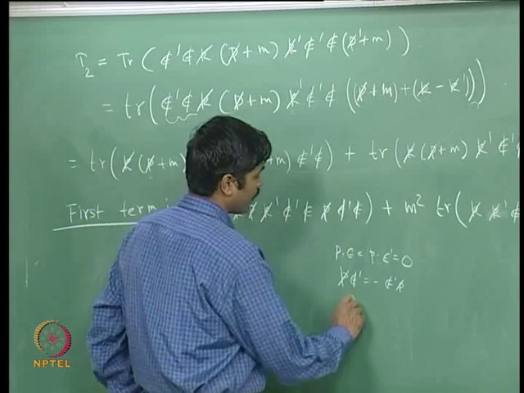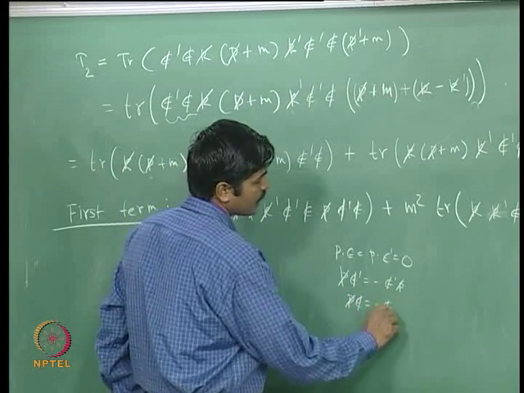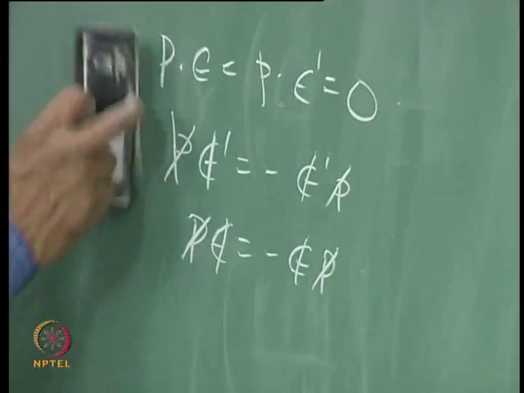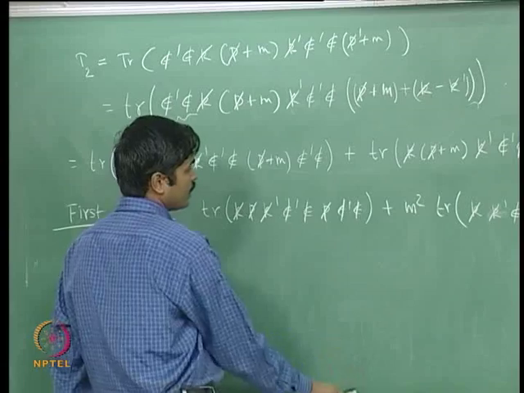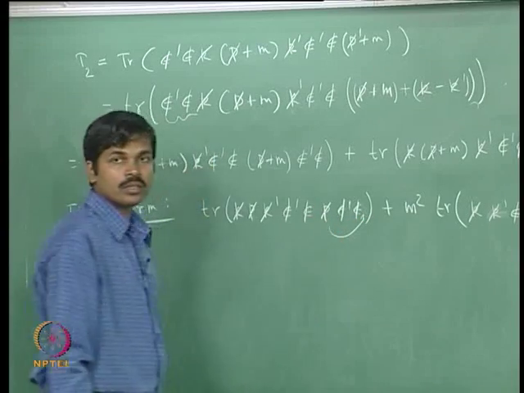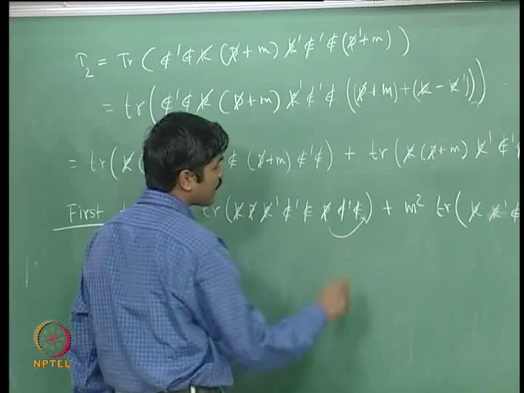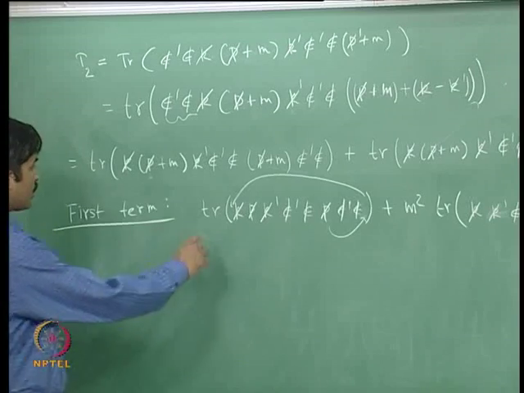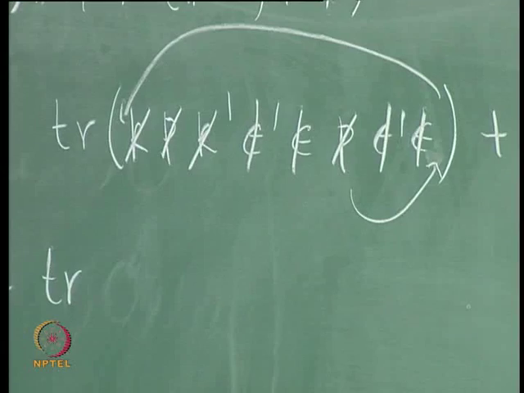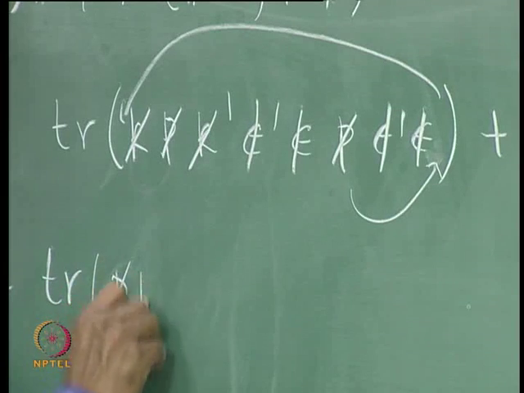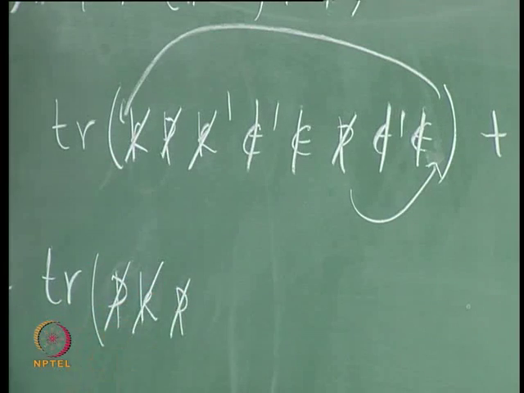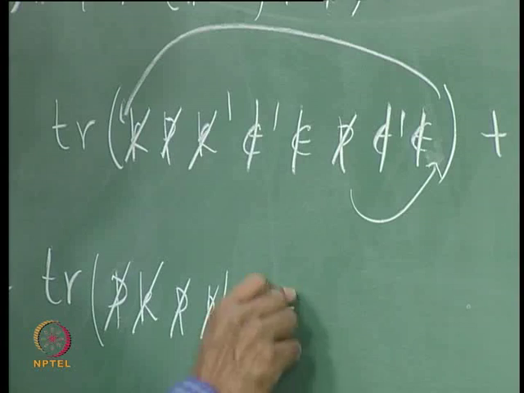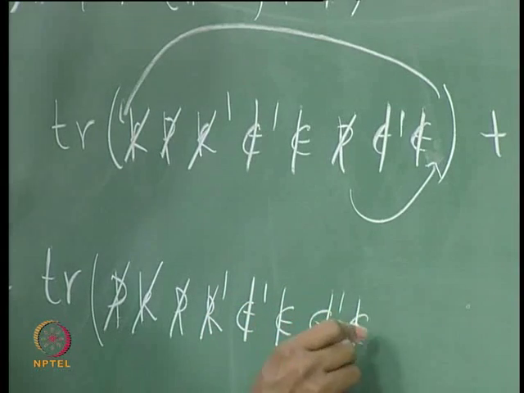Similarly, again P slash epsilon slash is minus epsilon slash P slash. So, you will get 2 minus signs which is plus 1. Therefore, what you can do is you can just pull this P slash to here, and then you can use the cyclic property of trace, and then finally this P slash you can write it here. So, therefore, this becomes trace of P slash K slash P slash K prime slash epsilon prime slash epsilon slash epsilon prime slash epsilon slash.